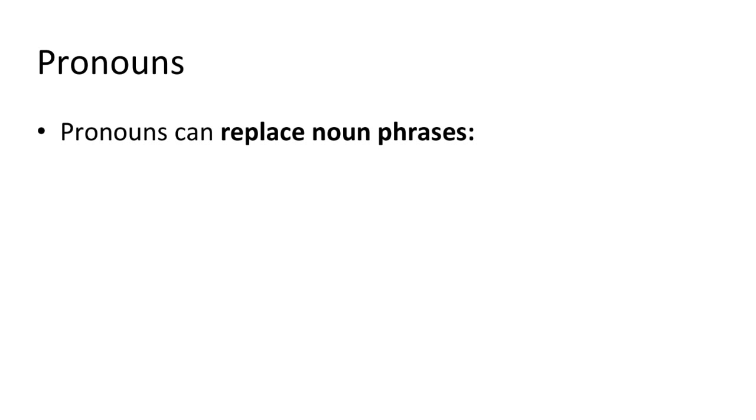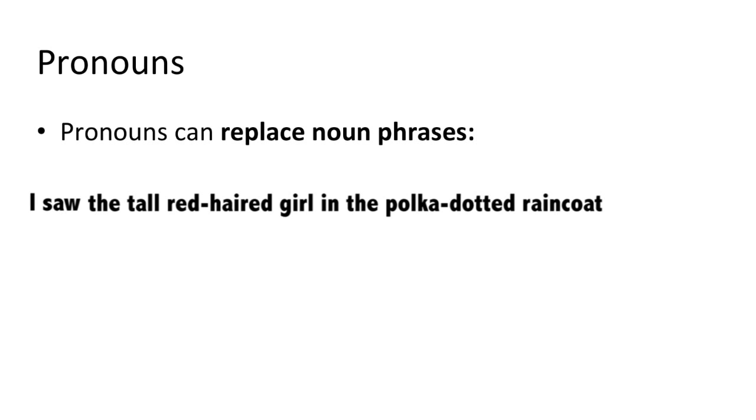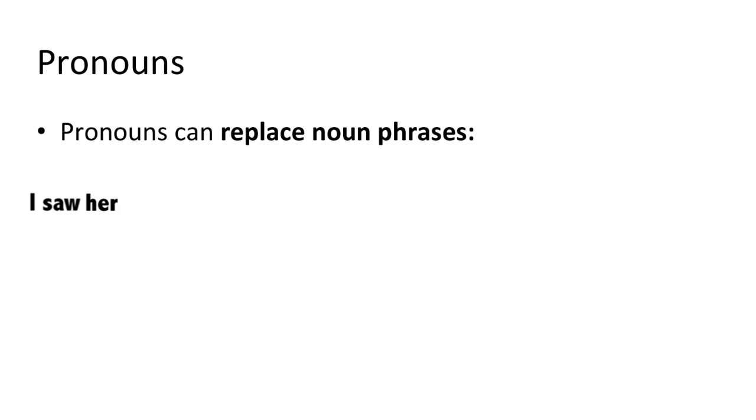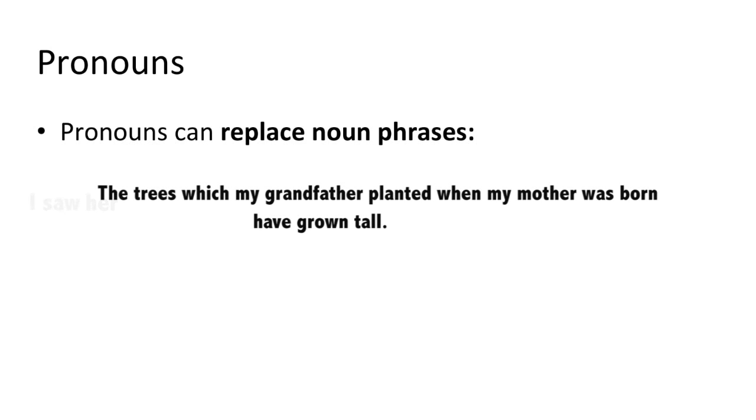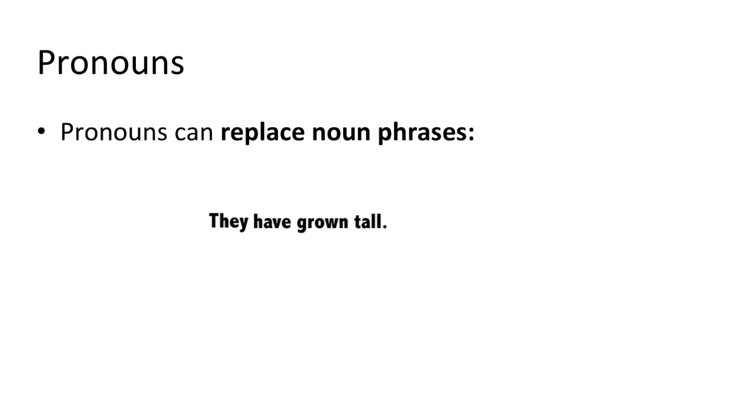So for example, instead of I saw the tall red-haired girl in the polka-dotted raincoat, we could just say I saw her. Instead of the trees which my grandfather planted when my mother was born have grown tall, we could just say they have grown tall. So pronouns can go in exactly the same places as noun phrases can.